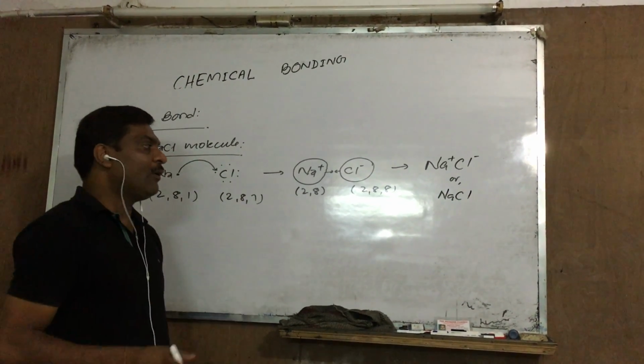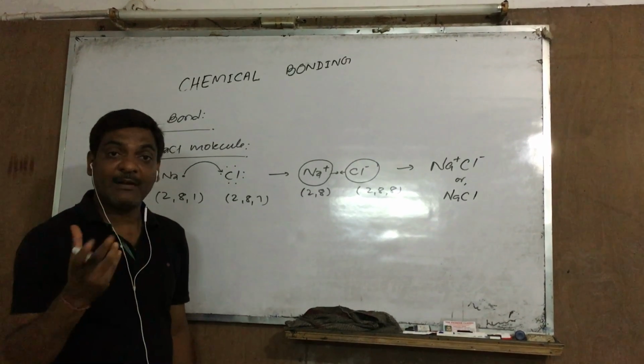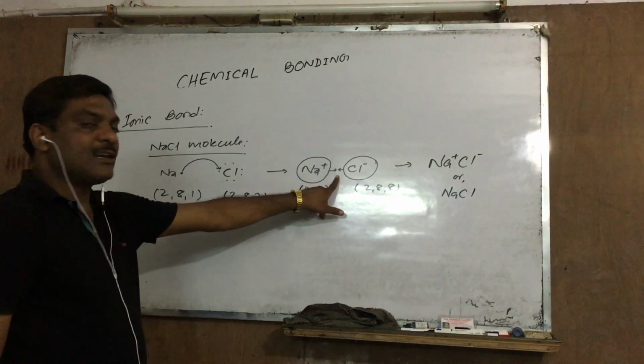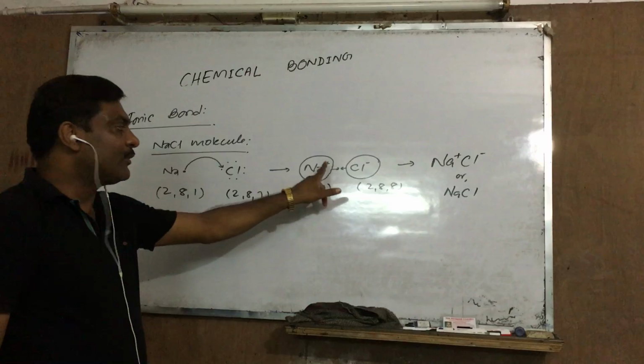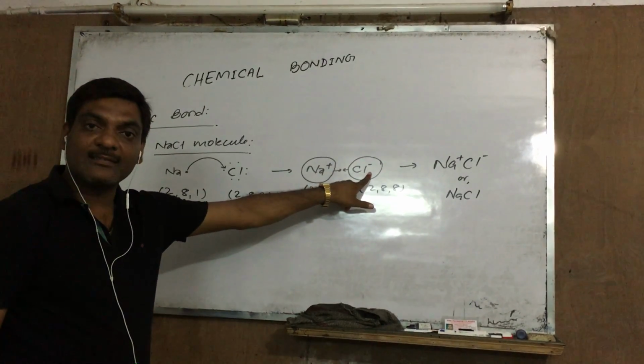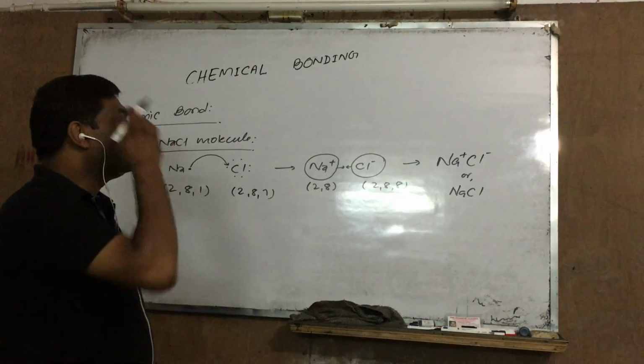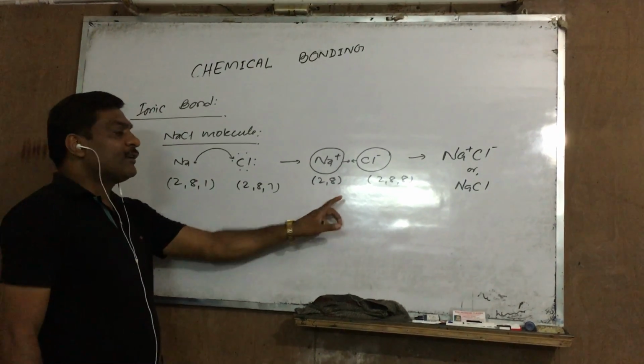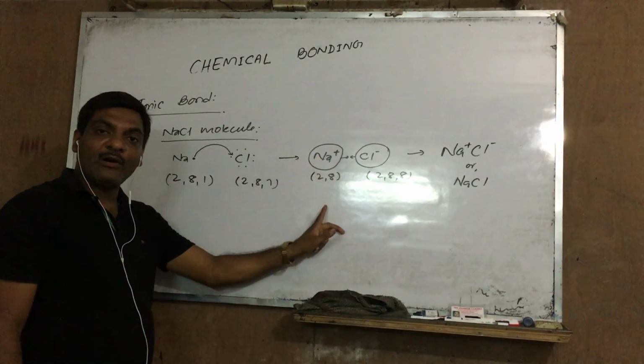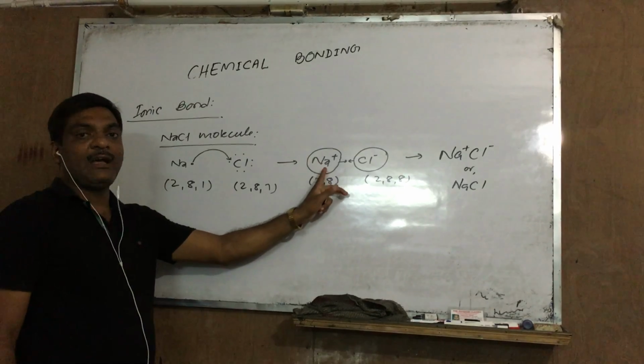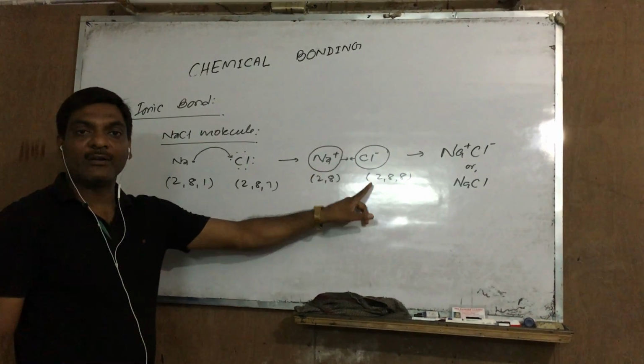So ionic bond can simply be defined as the electrostatic force of attraction between oppositely charged ions. Agree? So we can conclude that a chemical bond between the atoms of a metal and a non-metal is an ionic bond.